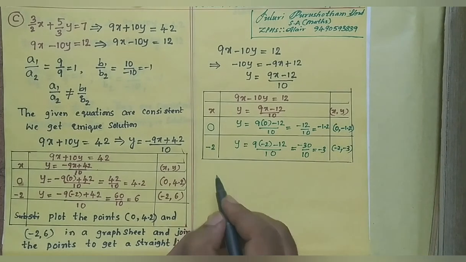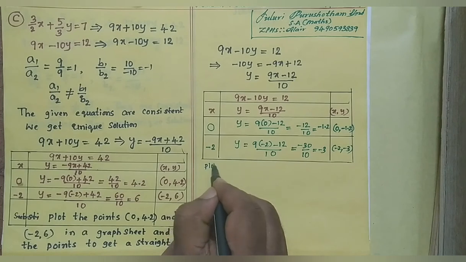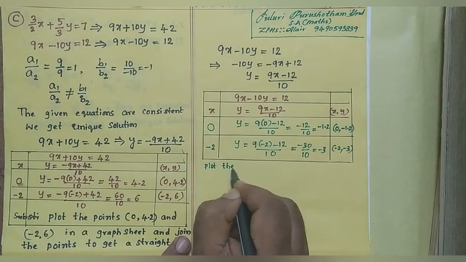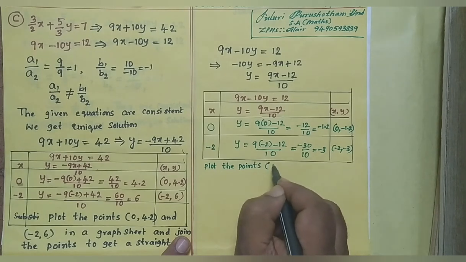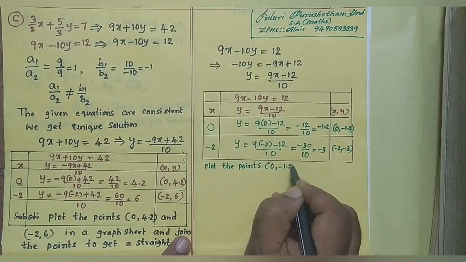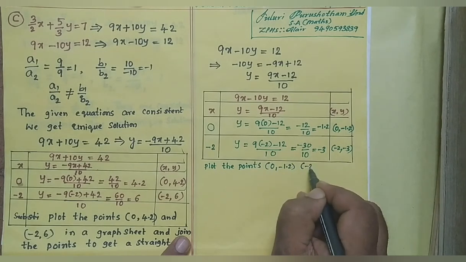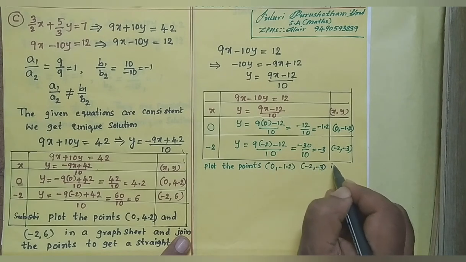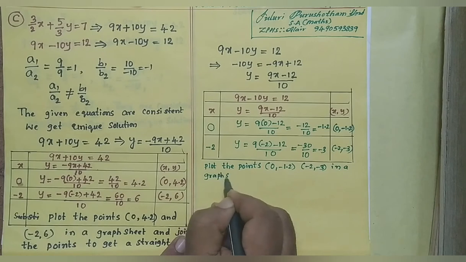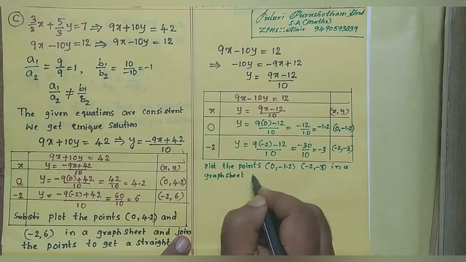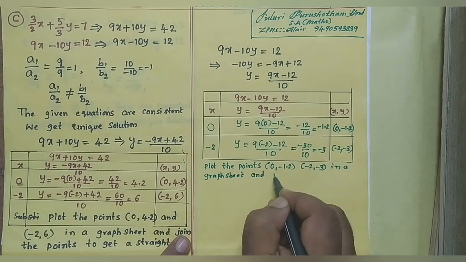Again you write here: plot the points. What are those points? 0 comma minus 1.2 and minus 2 comma minus 3, in a graph sheet, and join the points.